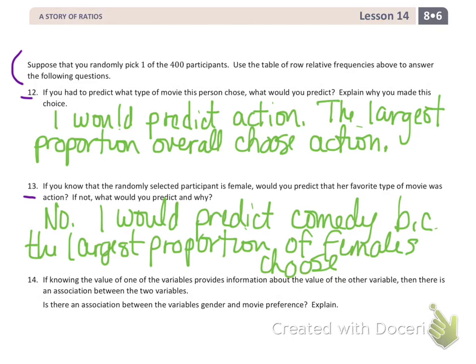So number 14, if knowing the value of one of the variables provides information about the value of the other variable, then there is an association between the two variables. Is there an association between the variables gender and movie preference? Explain. I would add something to this statement that according to this survey, is there an association?